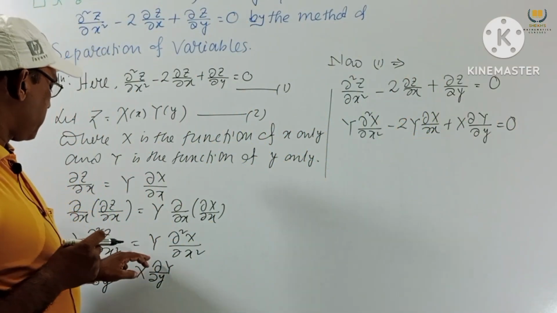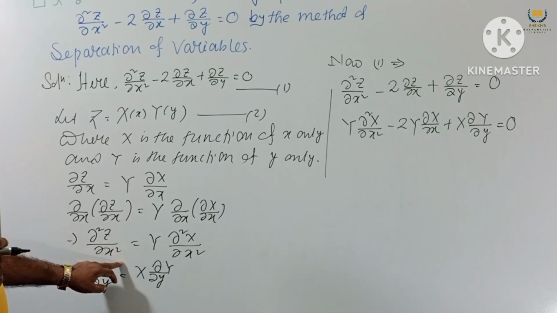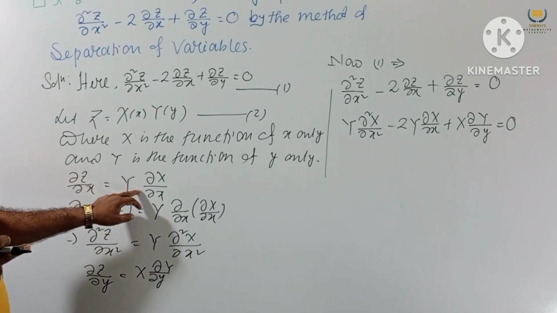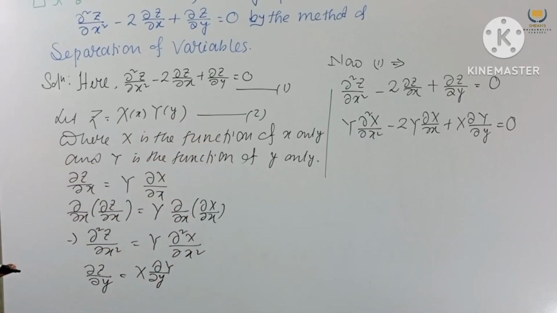So putting the respective values, del square z del x square is this value, and del z del x this one, and this one last.